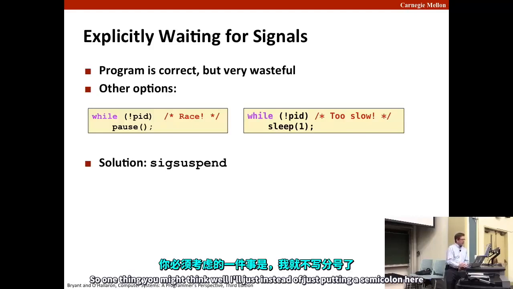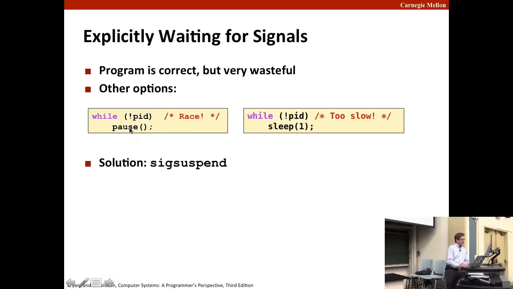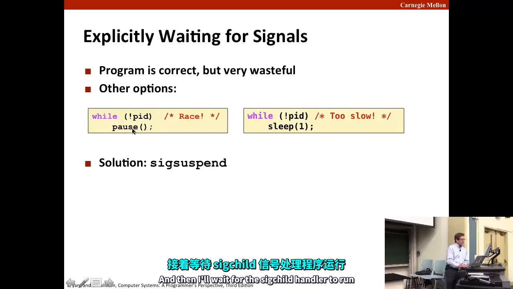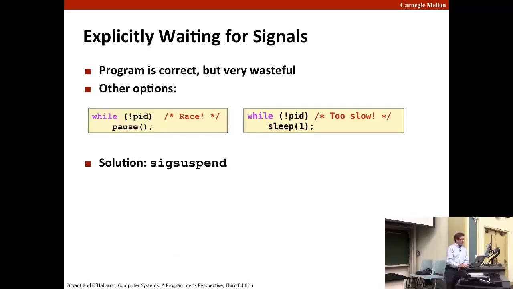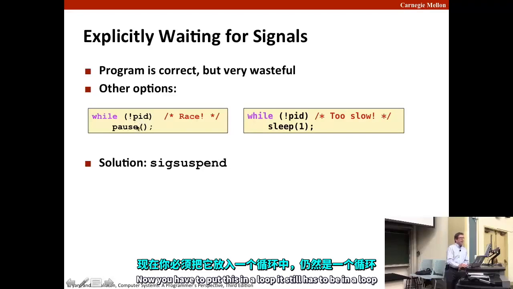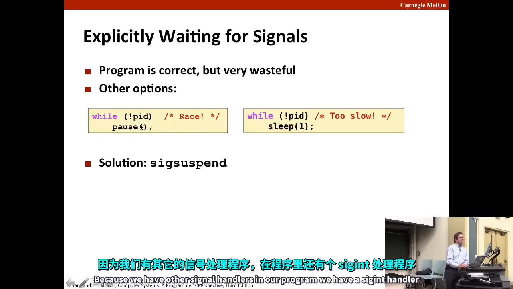So one thing you might think, well, instead of just putting a semicolon here, I'll pause, and then I'll wait for the SIGCHLD handler to run, and then I'll go back up and check PID again. Now you have to put this in a loop. It still has to be in a loop because we have other signal handlers in our program.